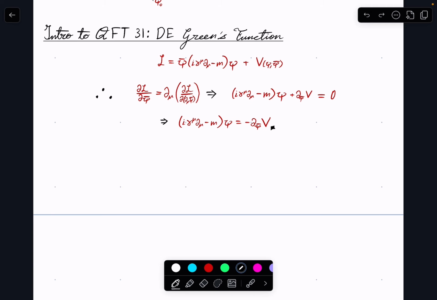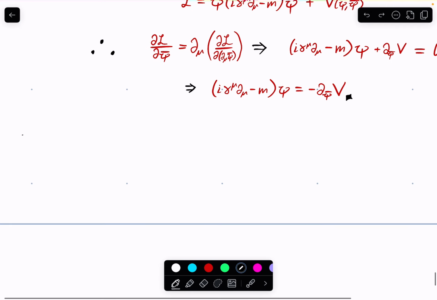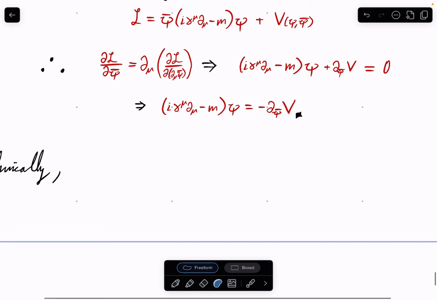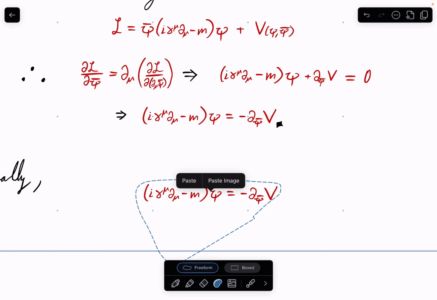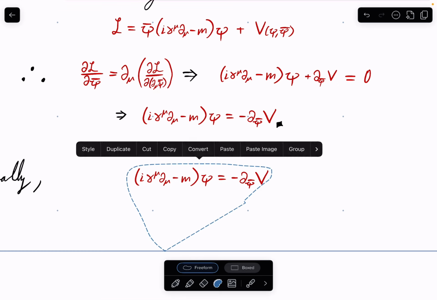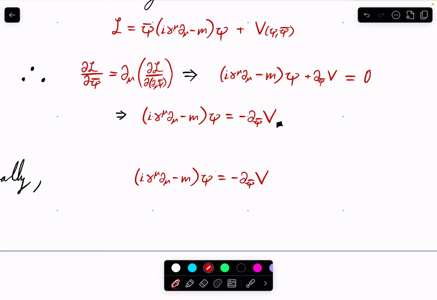Technically, the reason I'm pointing this out is because it's going to be important for the special solution. So technically, you have that these have components. So this is one component, and this is one component, one component.